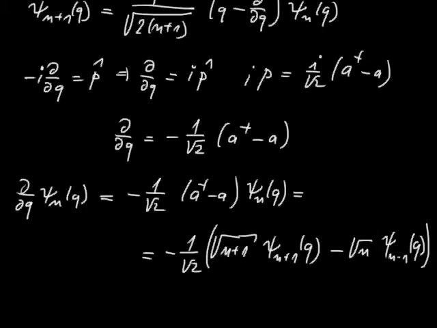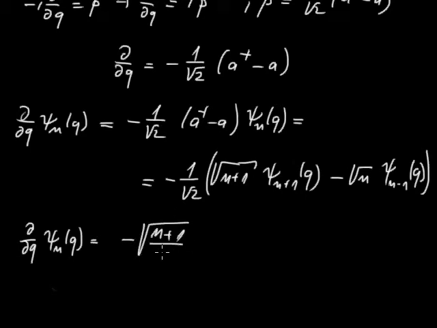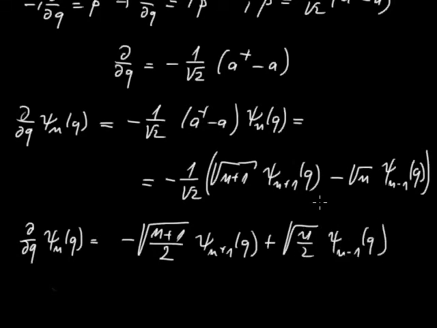That is, the space derivative of psi n of q can be written in terms of psi n plus 1 and psi n minus 1 of q.